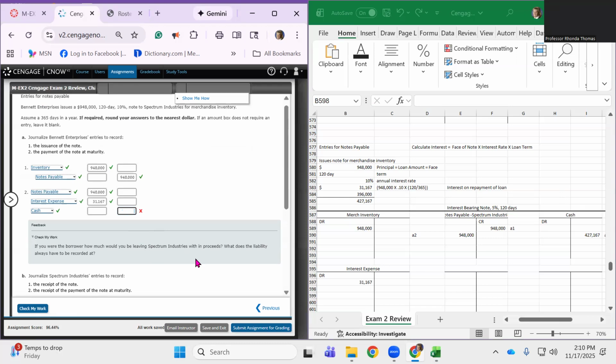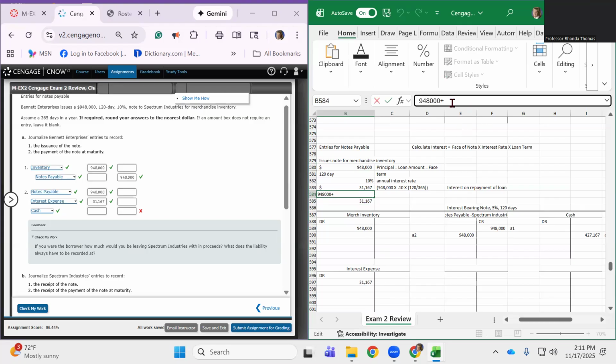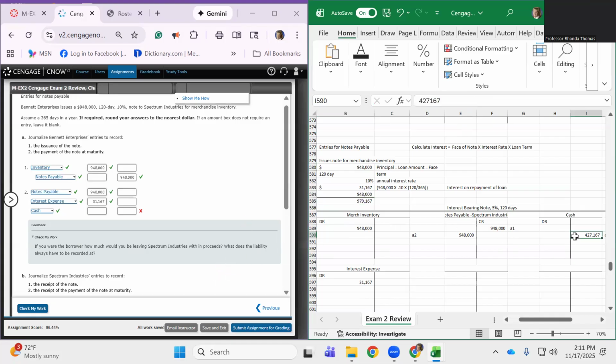So this one I'm just going to add together here. 948, that's what's wrong. Sorry, 979,167. There we go. So here's how much is being paid to pay off the loan, and that includes the interest.